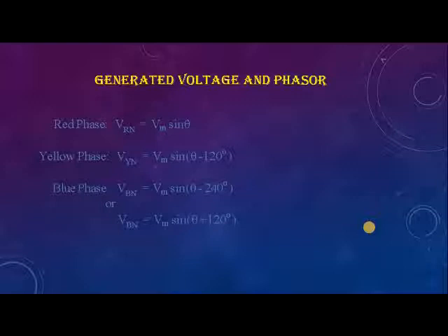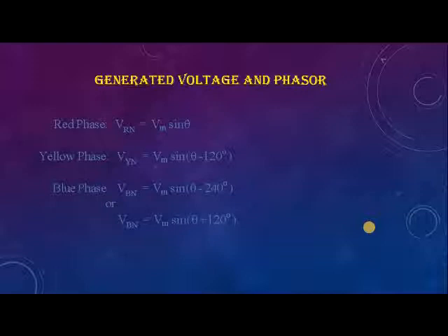Then it meets Y phase winding, or the B phase winding, after 120 degree. So there will be a lag of 120 degree in the Y phase winding. So the voltage at the Y phase is Vm sin theta minus 120. Again after 120 degree phase shift comes the blue phase winding, or C phase winding. So Vm sin omega t minus 240.